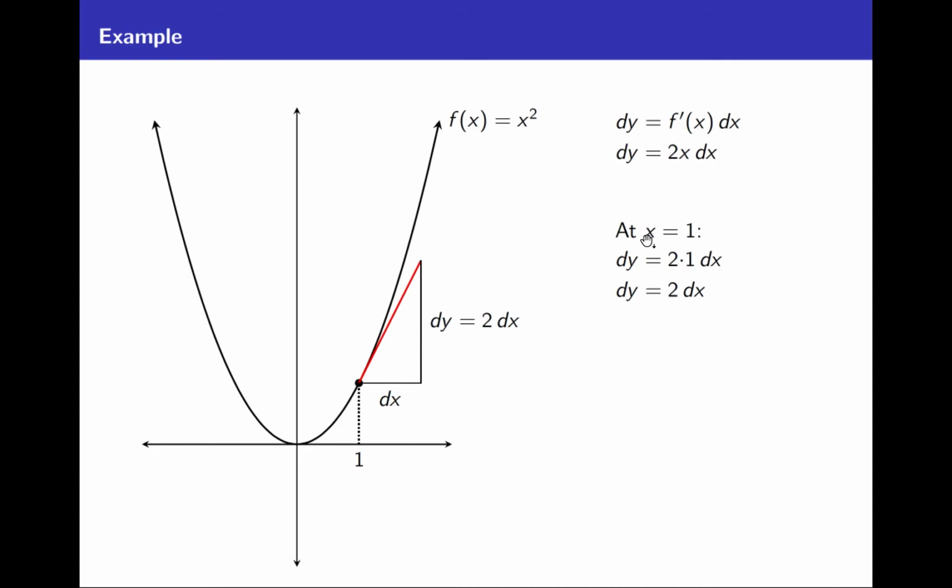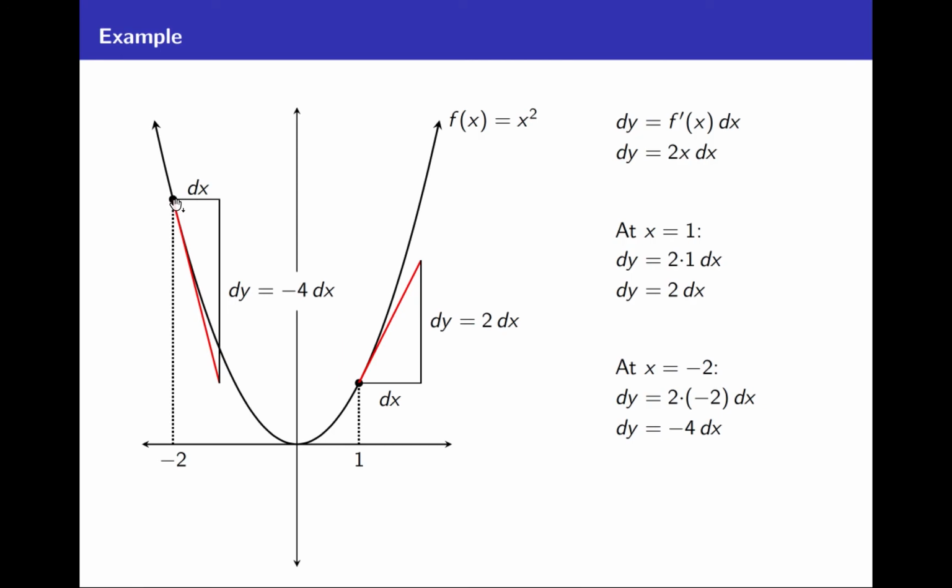We could take different values for x other than x equals 1. How about at x equals minus 2? In the equation dy equals 2 times x dx, if we plug in x equals minus 2, we get dy equals 2 times minus 2 times dx, and that's dy equals minus 4 times dx. And let's look at the picture. We're at x equals minus 2, which is over here.